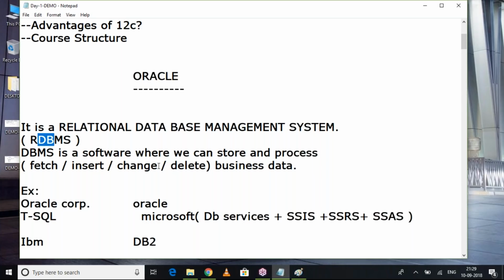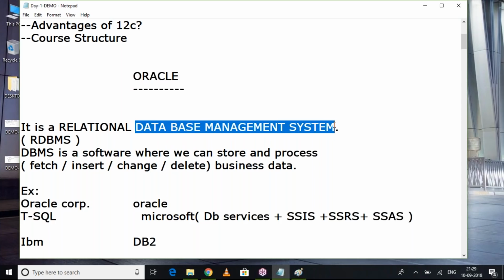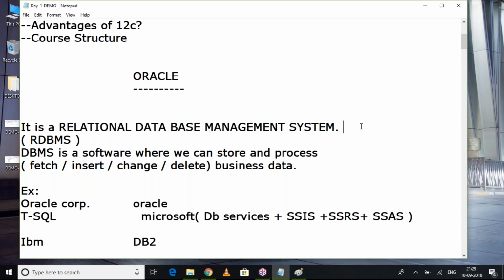What is database? And what is DBMS? And finally, what is RDBMS? Total 4 points. Again, I'm repeating. What is data? First one. Next, what is database? Second. Third one, what is DBMS? Database Management System. And last one, what is RDBMS?